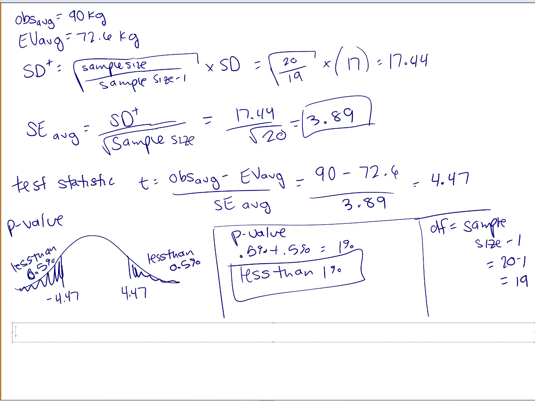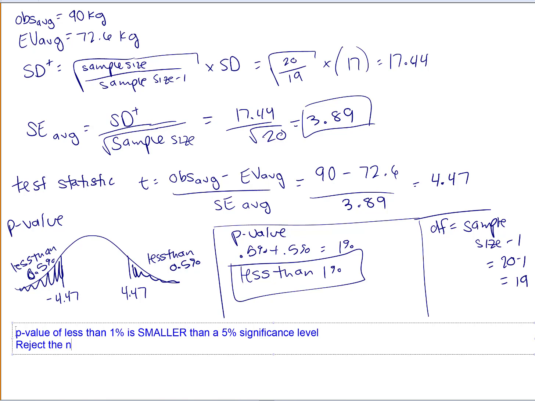Let's see, what are some of our conclusions here? My p-value of less than 1% is smaller than a 5% significance level. So we will reject the null hypothesis, and we can say that our results are statistically significant.